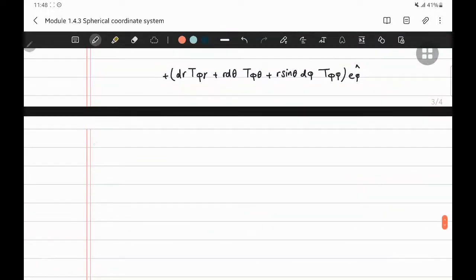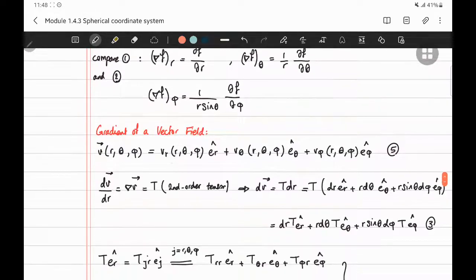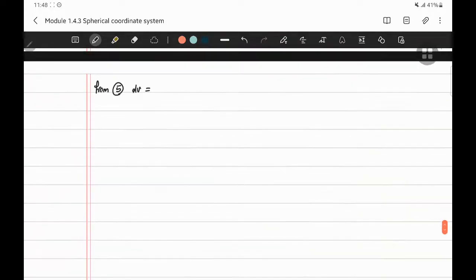So from 5, I have dv equal to, because v is a function of r, theta, and phi, and each component of v is also a function of r, theta, and phi. So I'm going to have something like dv_r e_r plus v_r de_r plus dv_theta e_theta plus v_theta de_theta plus dv_phi e_phi plus v_phi de_phi.